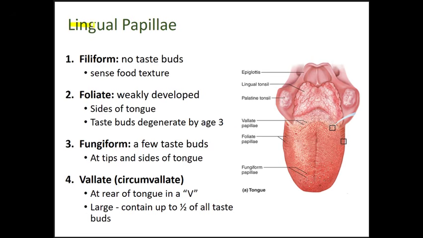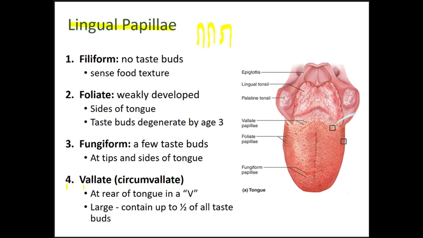Let's start with the first one, being lingual papillae. Papillae really means an elevation. If you think back to talking about dermal papillae, it was those projections. Lingual refers to the tongue. We have filiform, foliate, fungiform, and vallate lingual papillae. Filiform, which are not explicitly identified on this image, are scattered throughout the tongue.